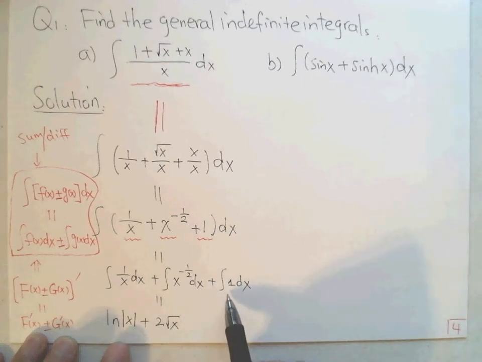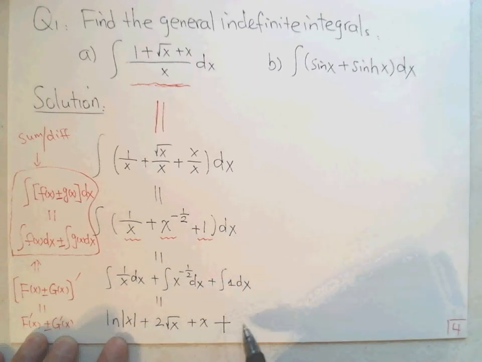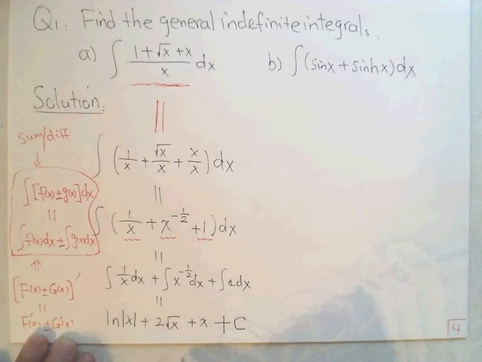The third one is a constant, the linear function 1 times x, which means x. Taking the derivative of x equals 1. Don't miss the last, plus c. This is the first one.